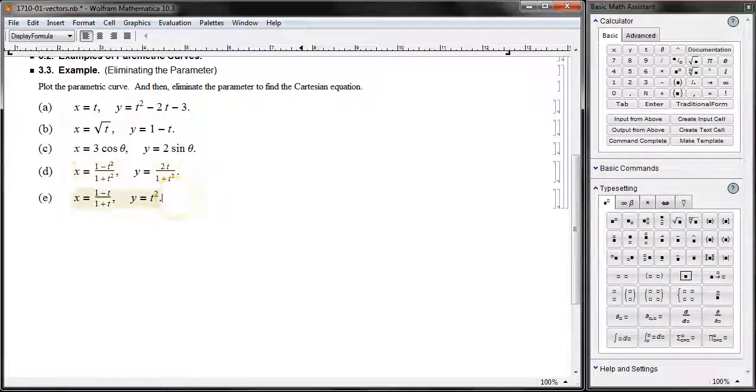In this case, okay, it may not be impossible because y is equal to t squared, so t equals the square root of y, and you have to be careful about positive and negative, of course. But this one, well, how to solve for t and plug in, that's going to be a challenge. Or do you have to use an alternative technique, something like this? Well, I'll leave that exercise to you.